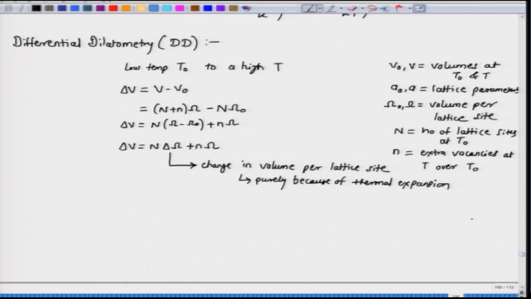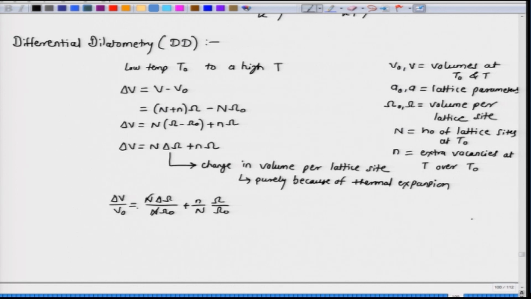So, now if we divide both sides of this equation by the original volume V 0, n delta omega over, and V 0 is nothing but n times omega 0, plus n over N times omega over omega 0.